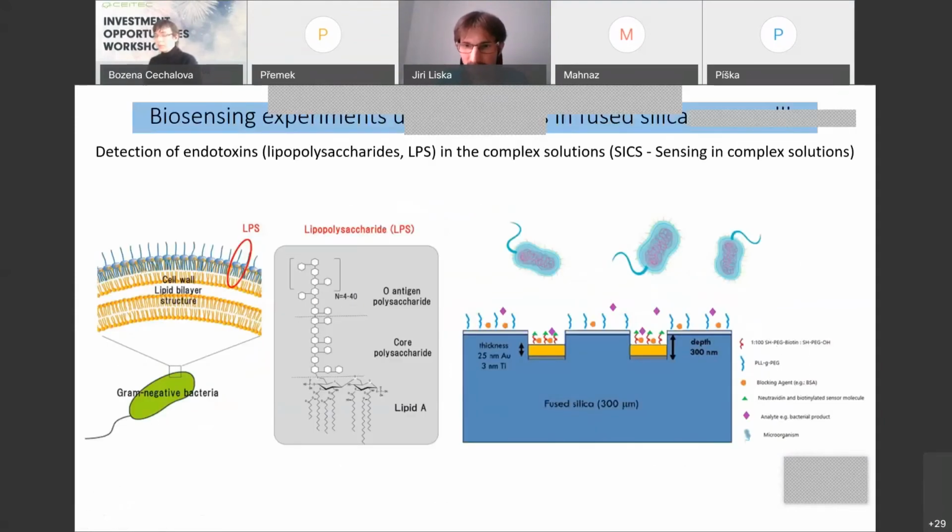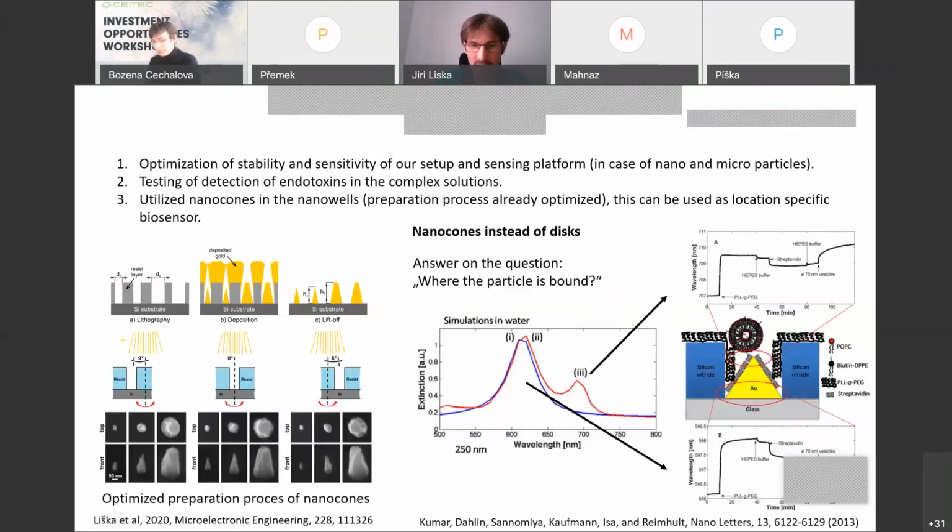About real application, we would like to use it for endotoxin detection. We selected lipopolysaccharides, which are parts of gram-negative bacteria, and we plan to use it in a complex solution. Our future plans are to improve the stability and sensitivity of our detector, test the endotoxin detection, and also put inside not nanodisks but nanocones.